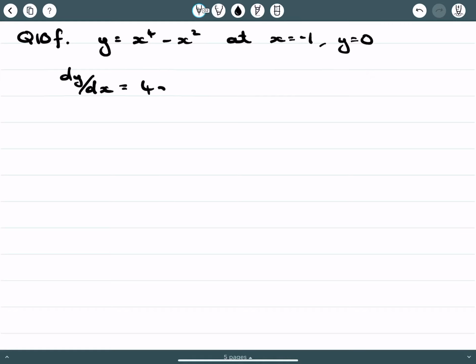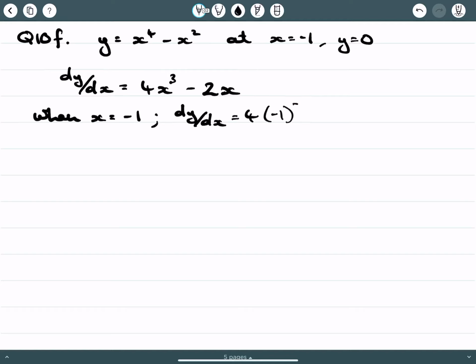So quick differentiation of it, of the term. When x equals negative 1, dy dx equals 4 times negative 1 cubed minus 2 times negative 1. And this will end up equaling negative 4 plus 2, which equals negative 2.